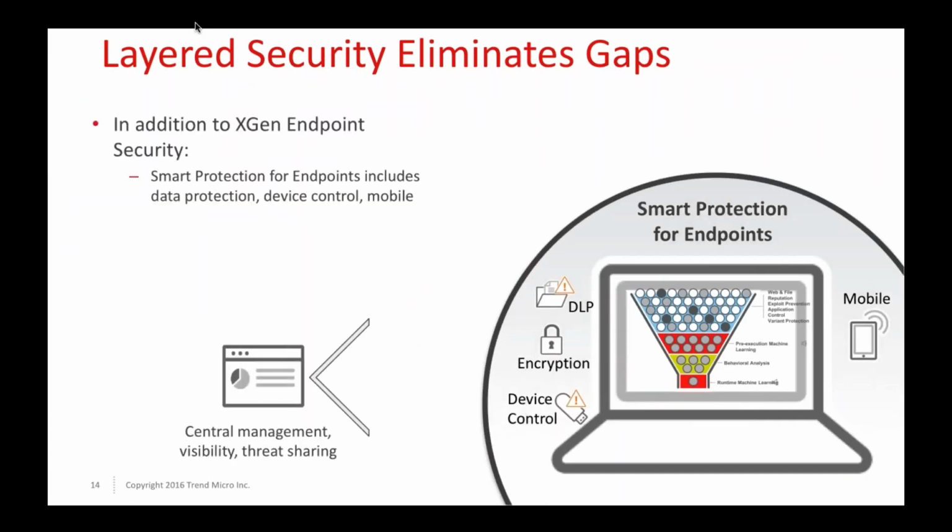So I've mentioned one feature, that's machine learning. That's what XGen does. Not even all of that what I just mentioned, but that's the machine learning piece. But user protection from Trend Micro is actually a lot more than just that machine learning piece. So I mentioned that arrow had all the different techniques which we use. So if we're looking at the smart protection, we're also looking at device control.